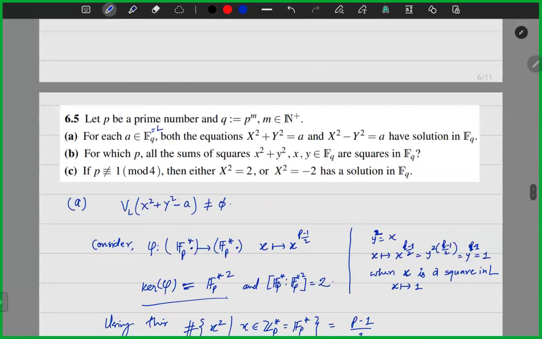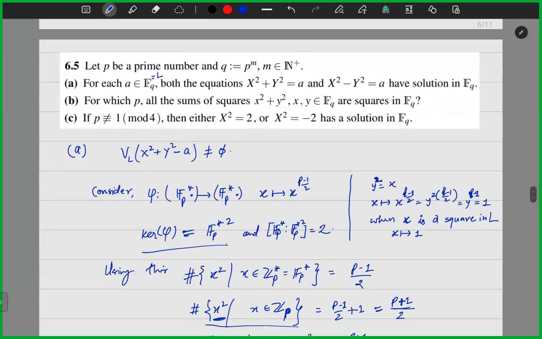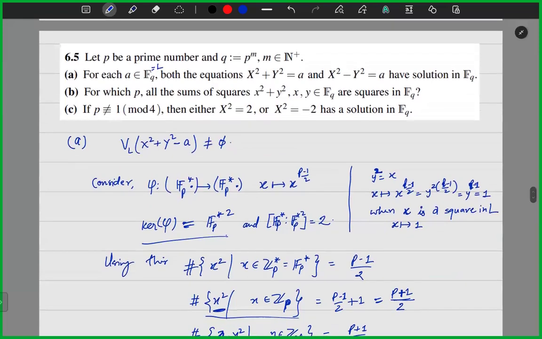Okay, what about the second part, for which p sums of squares x square plus y square are squares in Fq. So p is prime, Fq is corresponding to that. When x square plus y square is a square. See, from here, every element happens to be a sum of squares.